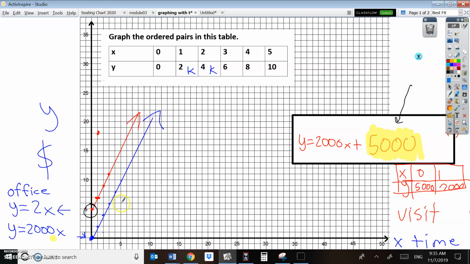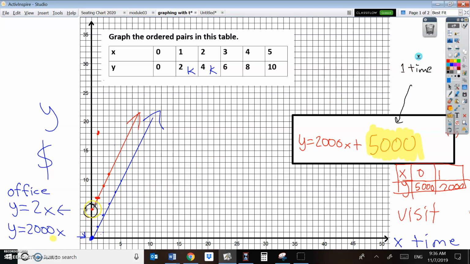She has her own helicopter, her own Ferrari, whatever she wants. She has it. So there is never a point 0, 0. You have 0 hours and you still have to pay $5,000. This is the traveling fee, and you pay that one time, but it's still $5,000. It is just one time, but it's the cost of having her travel to you.